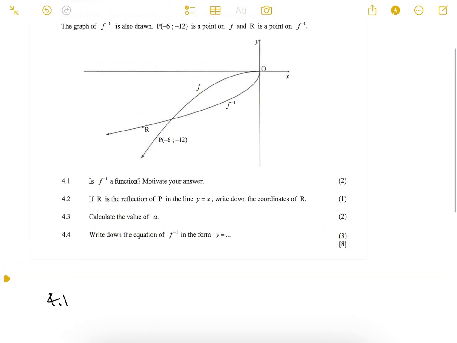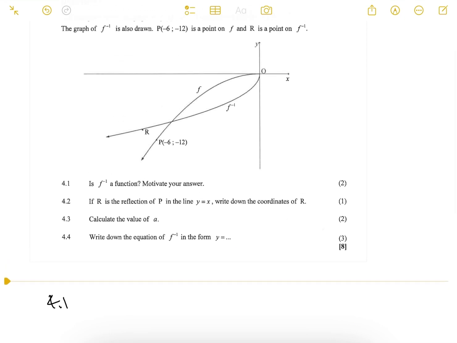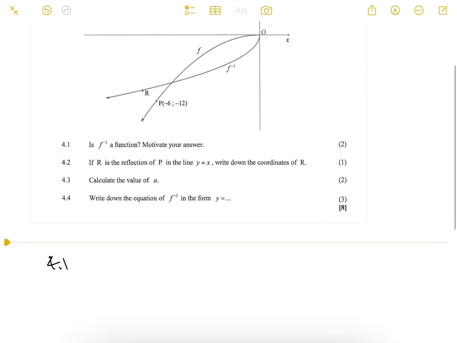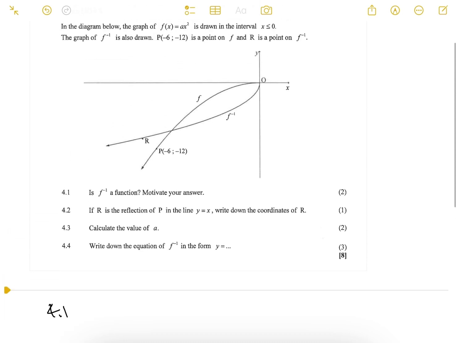In 4.1 we are asked if the inverse graph is a function, and we have to motivate our answer. Looking at the inverse graph, it is a function. Why?